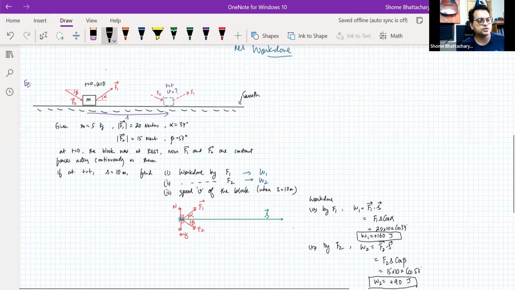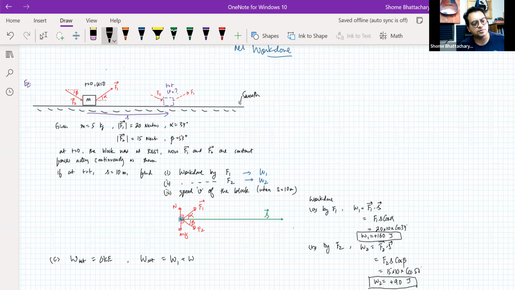Now for the third part, you just use work energy. Now net work done is equal to change in kinetic energy. Use this. Okay. Now net work done is the work done by all the forces. So F1 plus F2 plus, in general, you can see there are two other forces acting, weight and normal reaction.